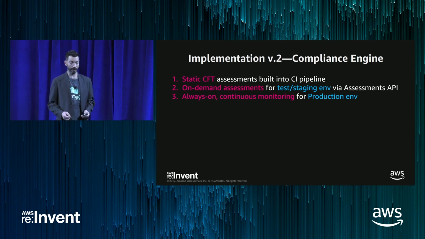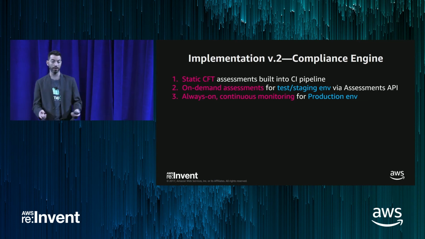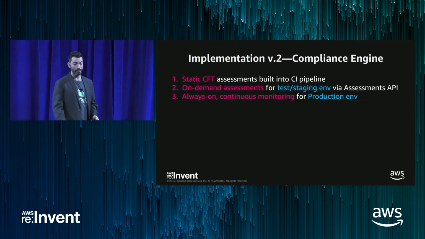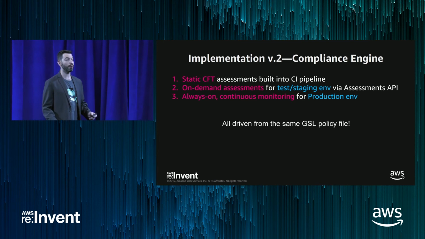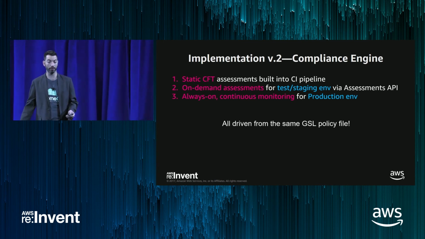It pretty much mimics most of the implementation that goes inside CloudFormation, but the engine does it for you. And then on top of that, we've got this always-on continuous monitoring for the production environment. All of these three different technologies are driven from the same GSL policy file.